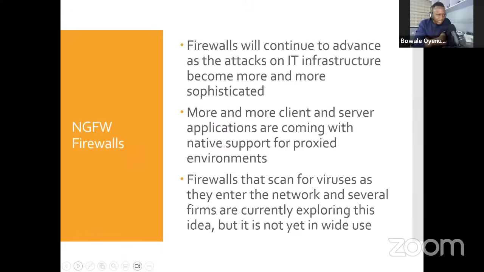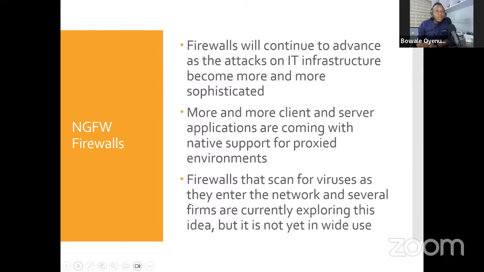So the next generation firewall is the type of firewall that is modern, and it combines almost all the other types of firewall into itself to give a robust solution for enterprises. It also embeds what we know as UTM, which is Unified Threat Management.